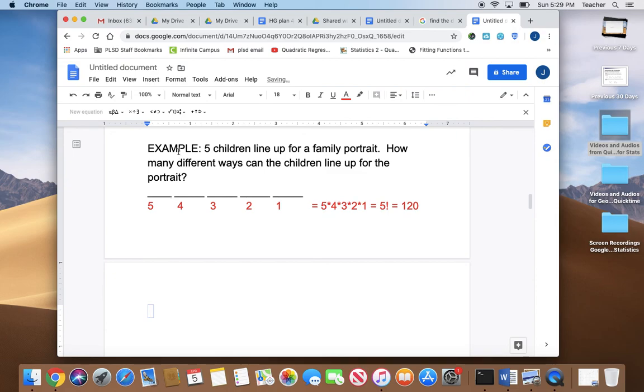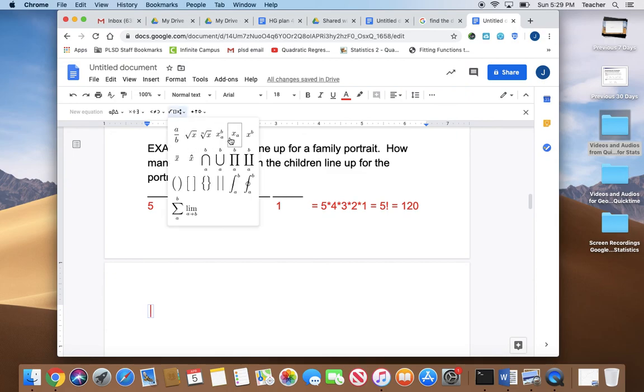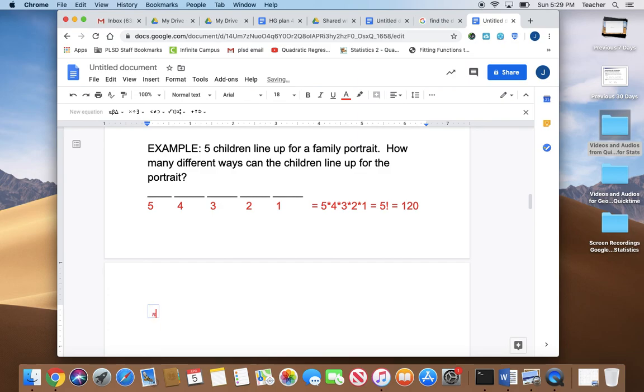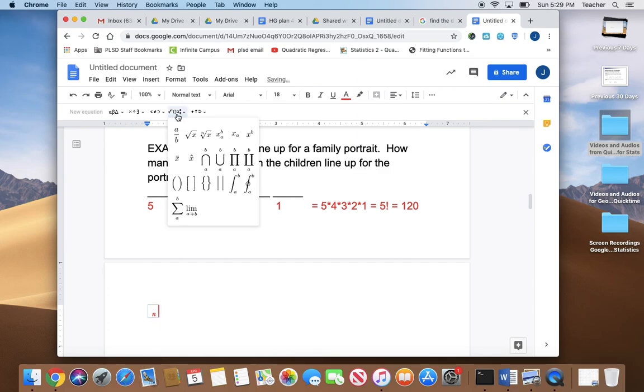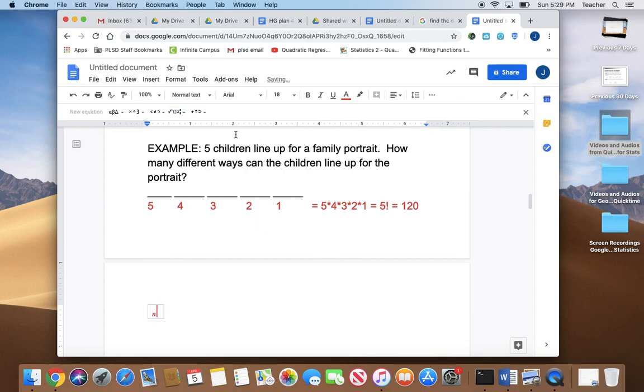So this is the same as N, P, N. This big P is going to stand for permutation. So whenever you see this big capital P, that means permutation. N permute N. So that means I'm taking all N objects and I'm arranging them. So anytime I have N objects and I want to arrange them, that formula is going to be N factorial.